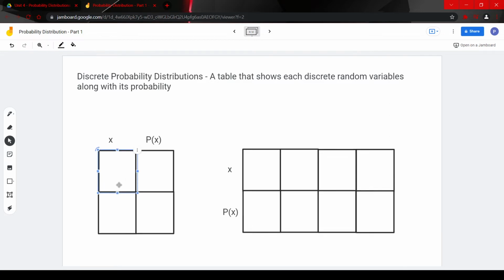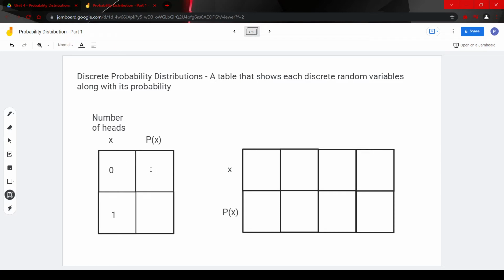Let's say for this first one, x is the number of heads for one coin toss. If I toss one coin, there's only two possible ways for it to land, right? It can either be heads or it can be tails. So the number of heads has only two possible values: we can have 0 heads or we can have 1 head.